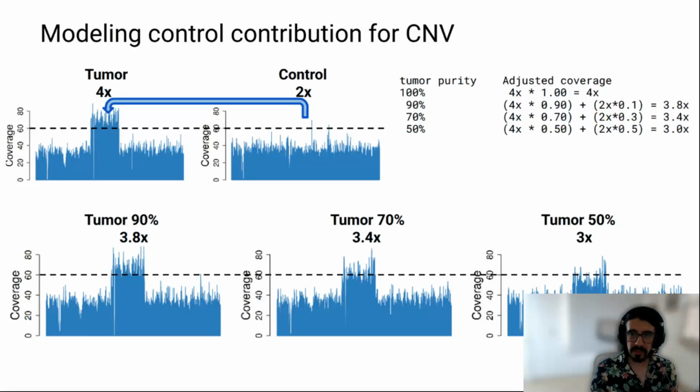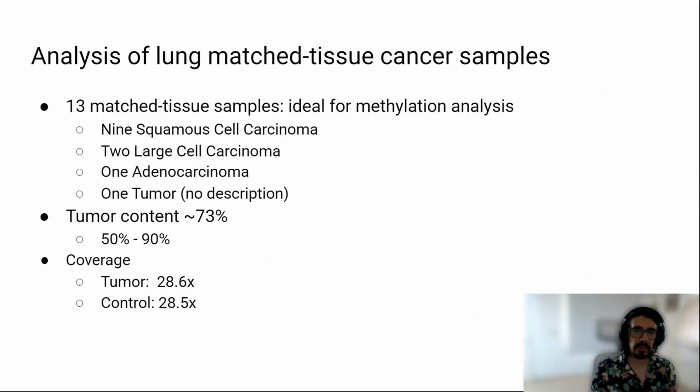So with all of this, we assessed TumorLens with known samples from benchmarks and cell lines, such as this example. Again, this is also a cell line that we mixed. But we also did the analysis of long-read matched tissue cancer samples. In this case, we have 13 matched tissue samples.